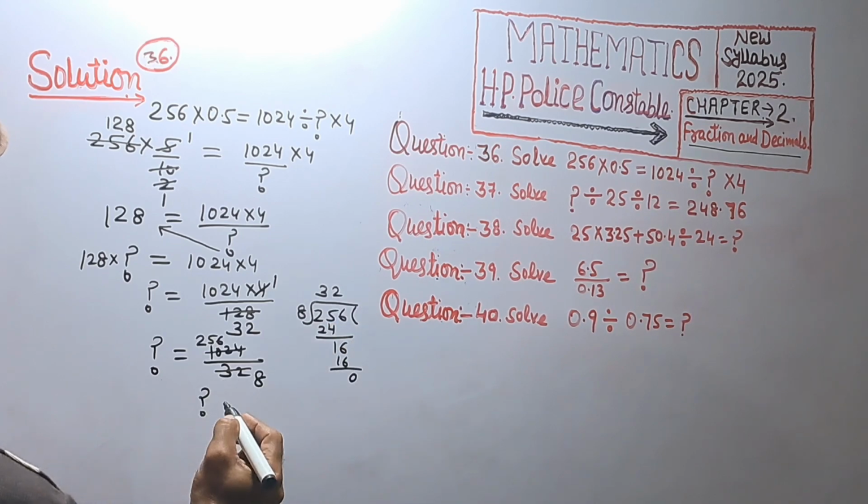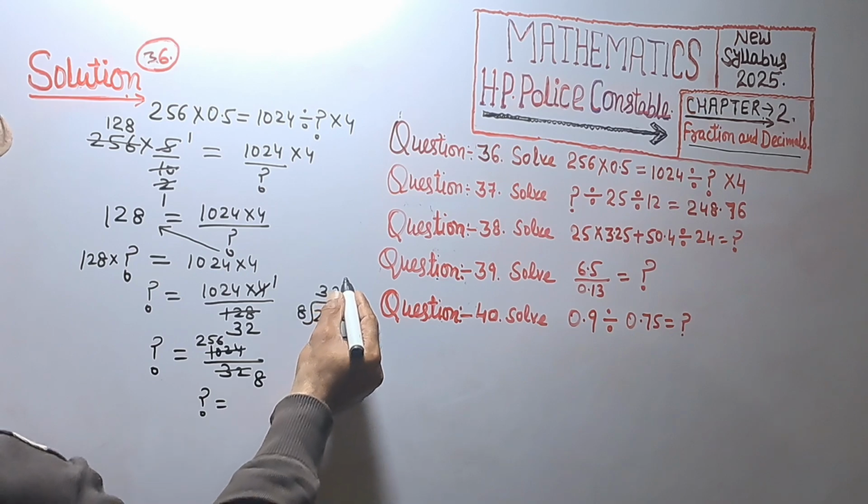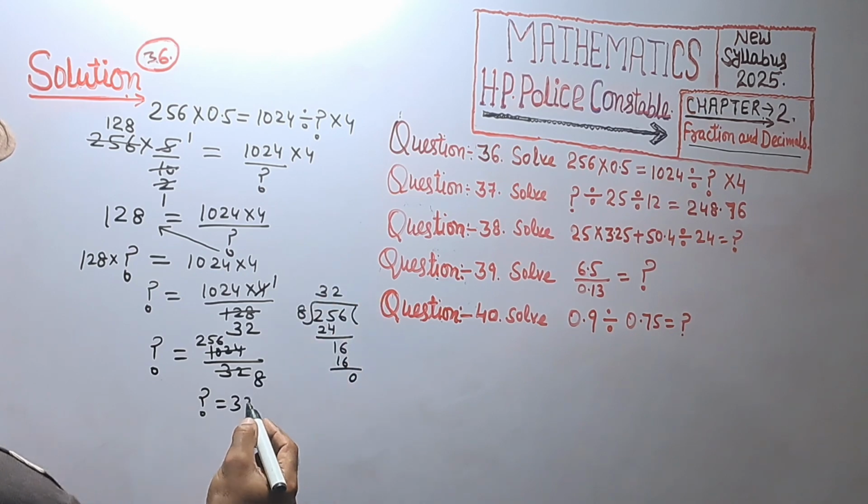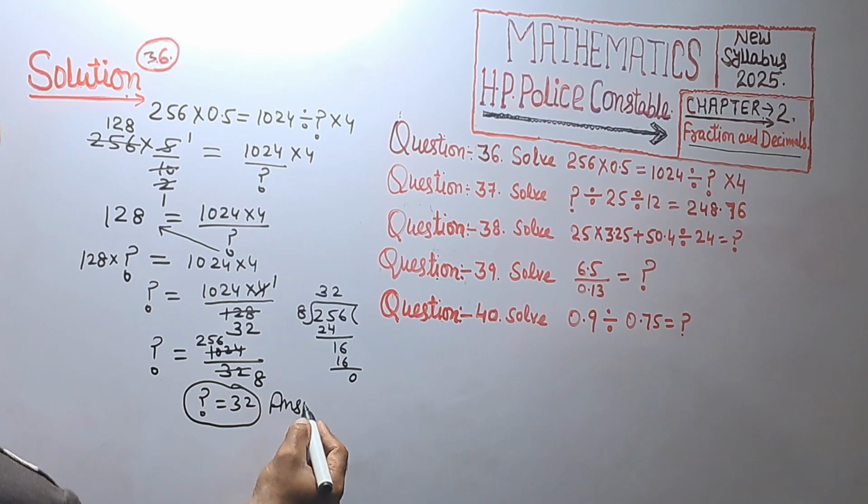So sign of interrogation equal to 32. Answer.